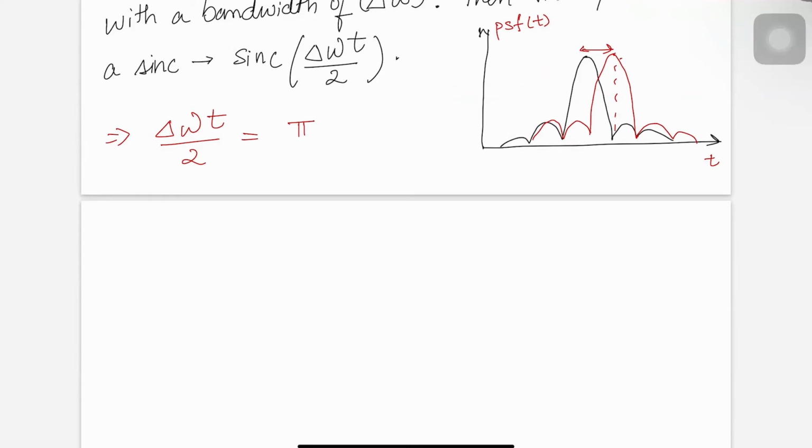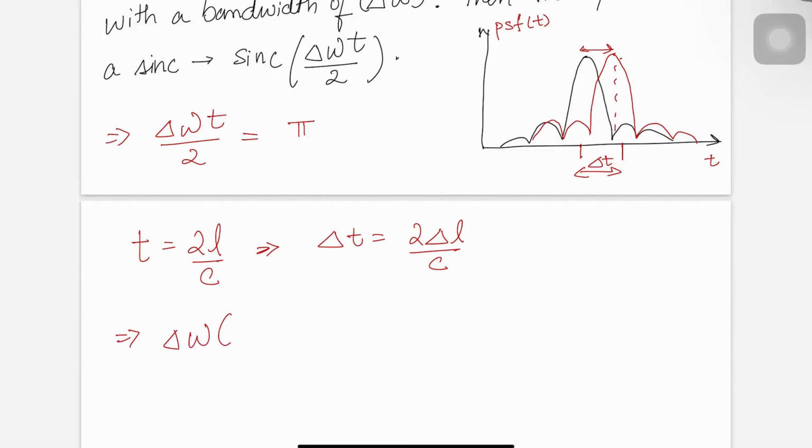The time is 2L over c, which implies that the time difference is Δt equals 2 times the space difference ΔL over c. Since we're looking at the difference here, we need Δω times Δt divided by 2 equal to π.